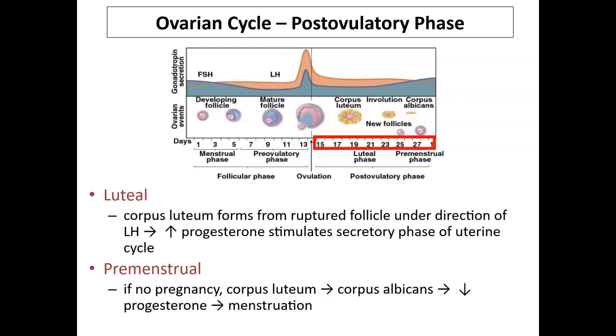It's responsible for thickening the endometrial lining to support pregnancy. If fertilization does not occur, the corpus luteum will degenerate, leading to a decrease in progesterone levels. This drop triggers the shedding of the uterine lining, resulting in menstruation and marking the start of a new cycle.